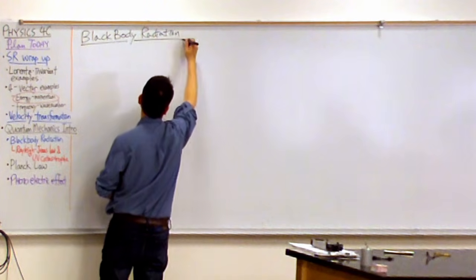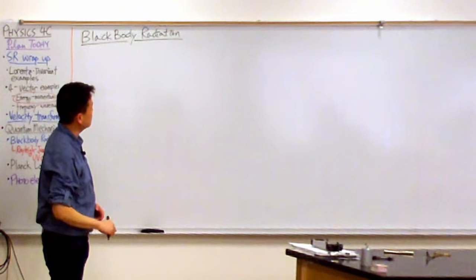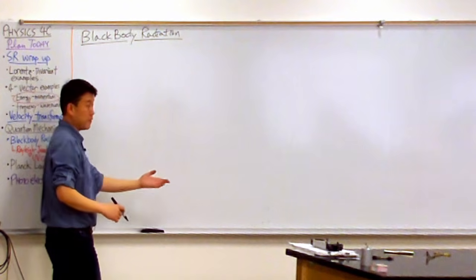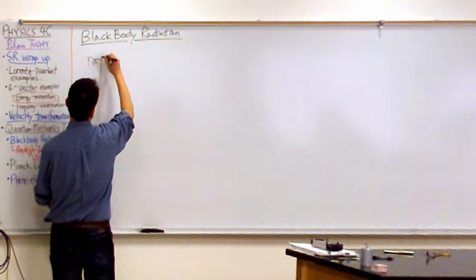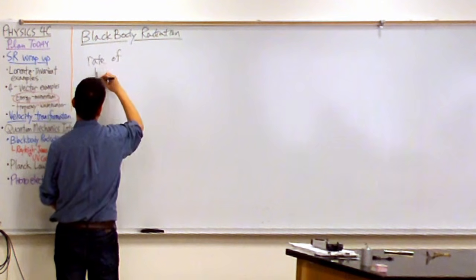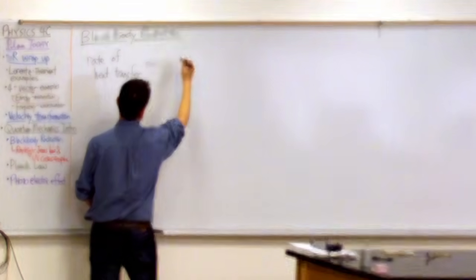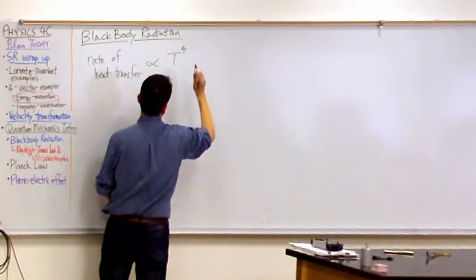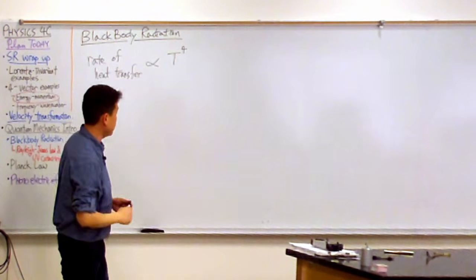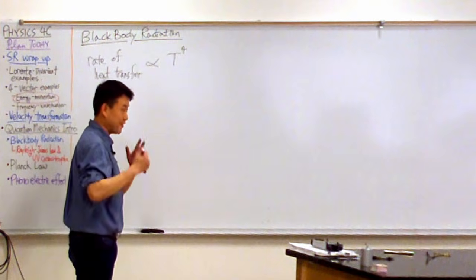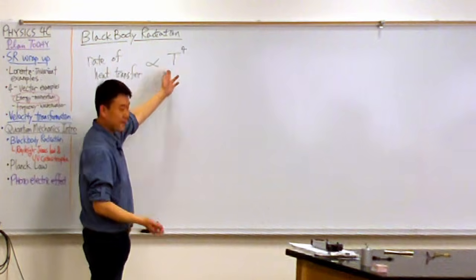So you have this expression that somehow the rate of power transfer, so I guess a rate of heat transfer, was proportional to T^4, T to the 4th power. And there's a name for it. I like to give names because that's how you search for things. If you want to search it, it's hard to search for T to the 4.